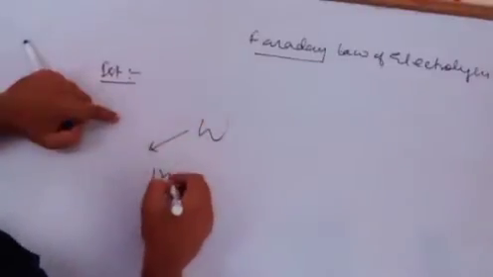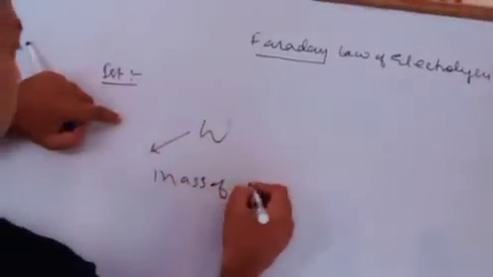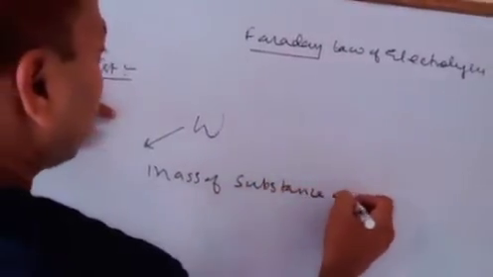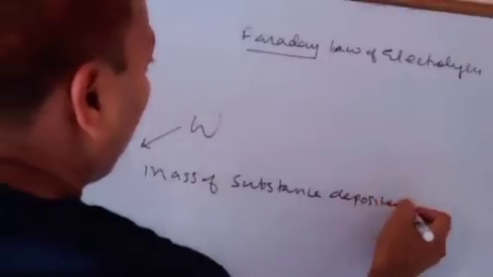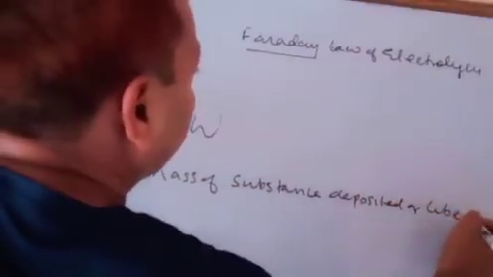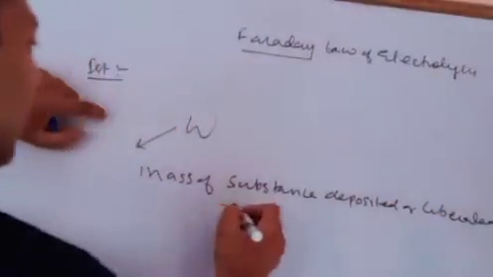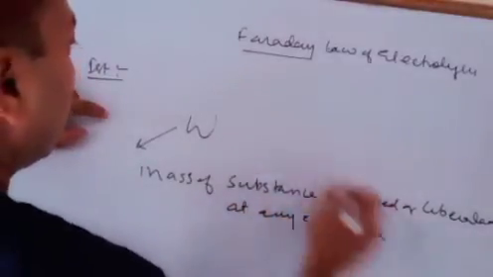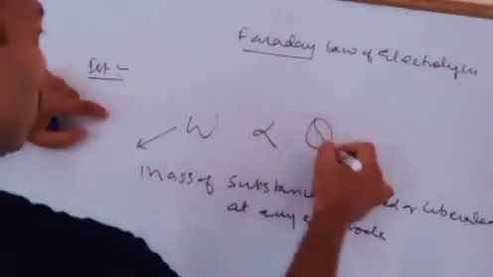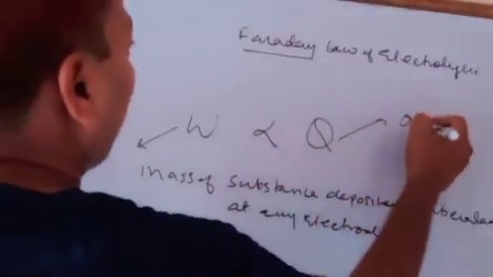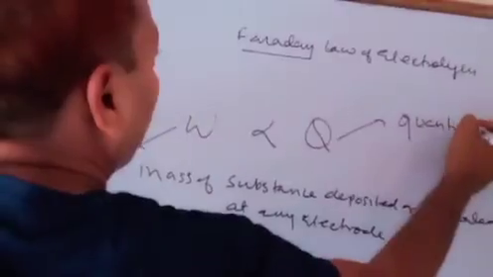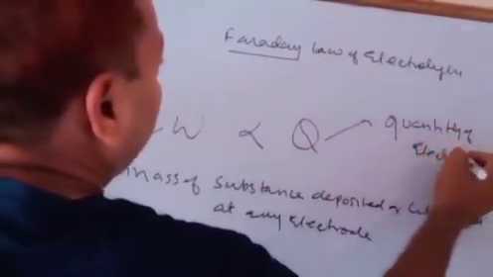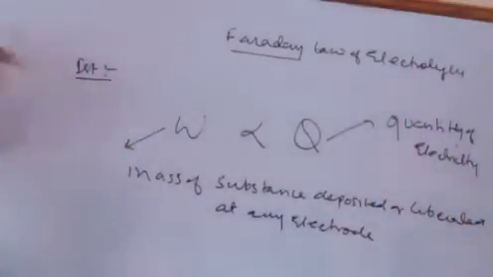W is the mass of substance deposited or liberated at any electrode. Now it is directly proportional to Q. Q stands for quantity of electricity.